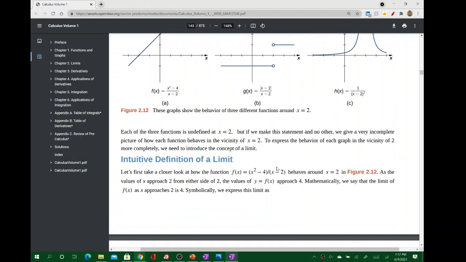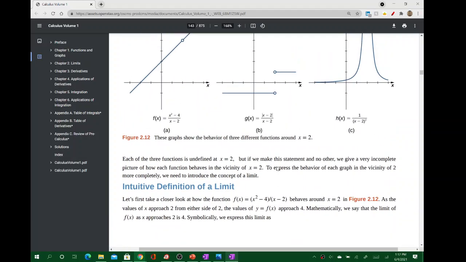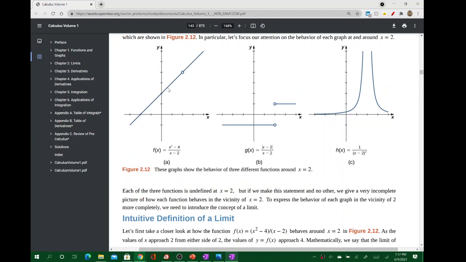And it's very hard to understand, because I know when I took calculus, I was like, wait, if f of 2 is undefined, then the limit can't exist. But no, the limit does exist, because it's not about whether or not f of 2 is defined.